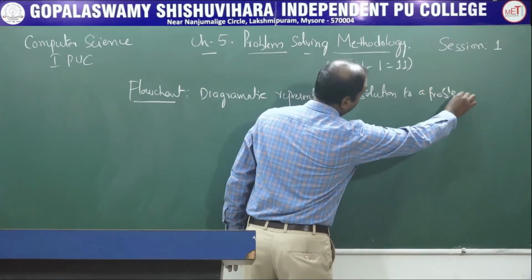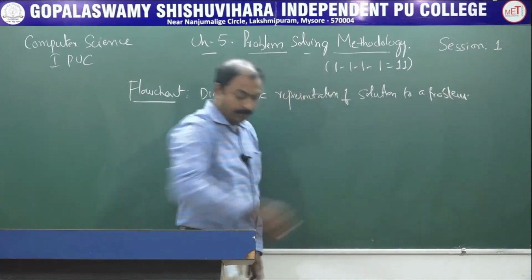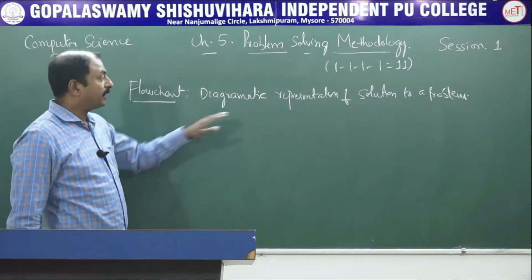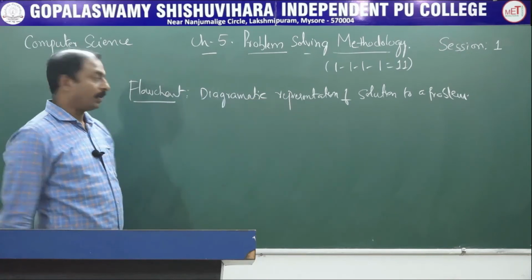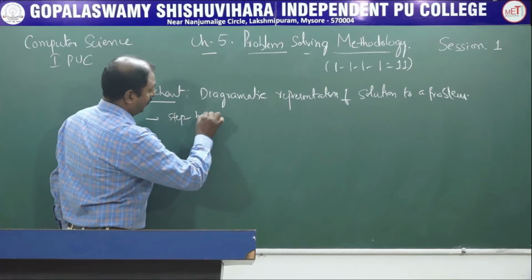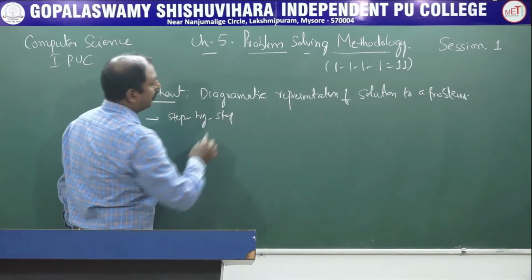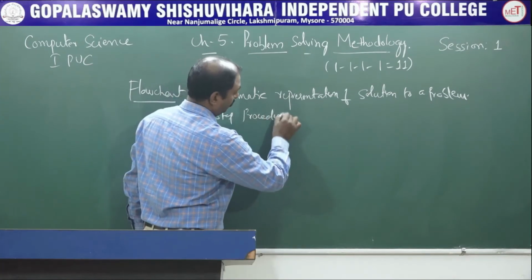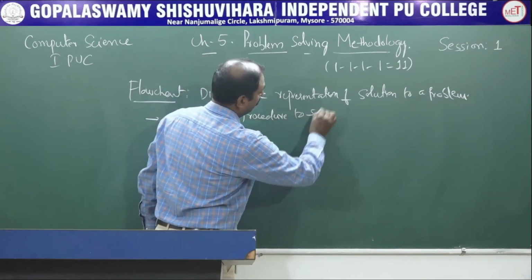So what is a flow chart? Flow chart is nothing but a diagrammatic representation of solution to a problem. It is also a step-by-step procedure to solve a problem.